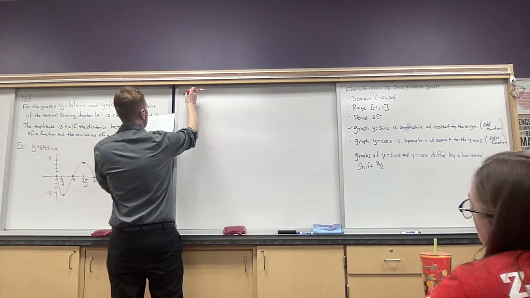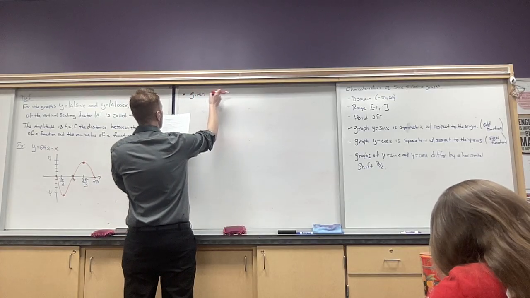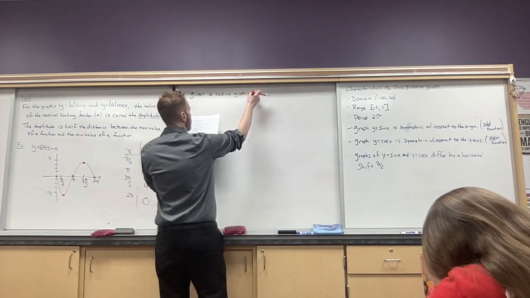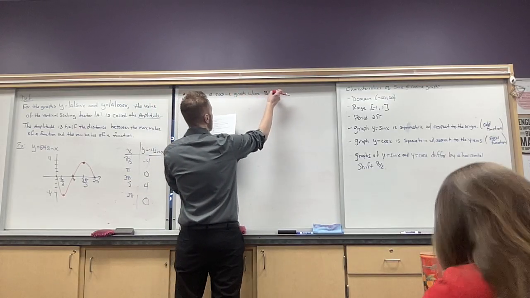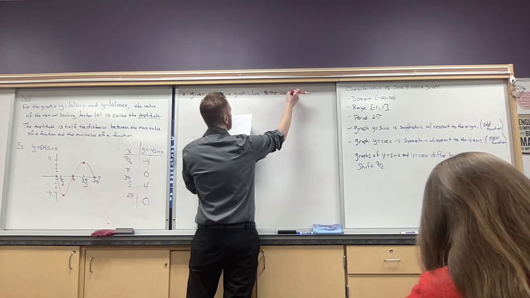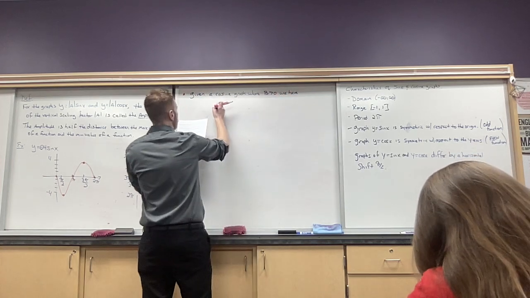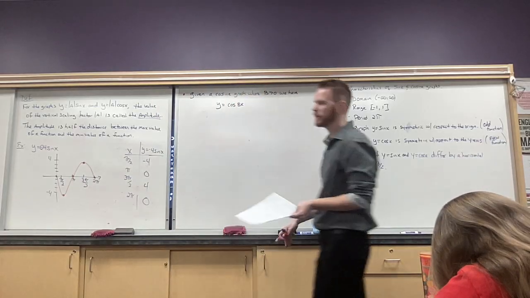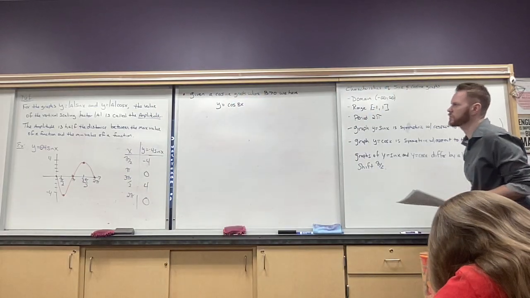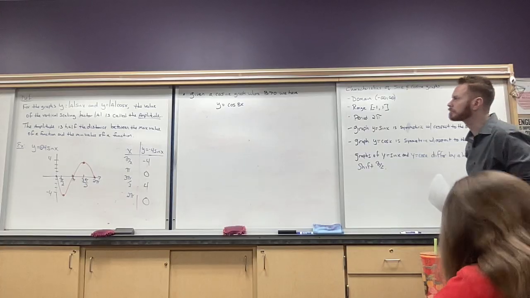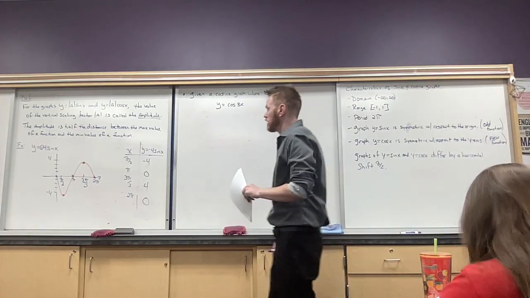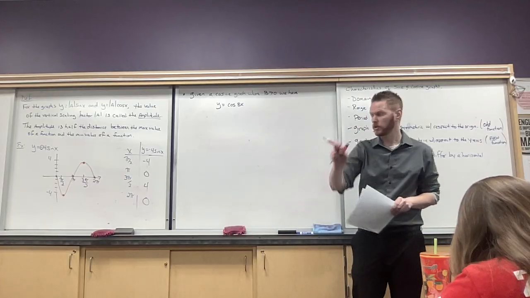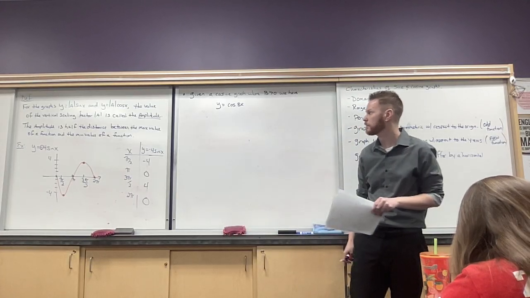Given a cosine graph where our b value is positive, we have y equals cosine bx. I'm not giving you a certain b value yet, I'm just telling you it's positive right now. One thing we know, cosine completes its cycle within 2 pi. At 2 pi, it completes a cycle there.